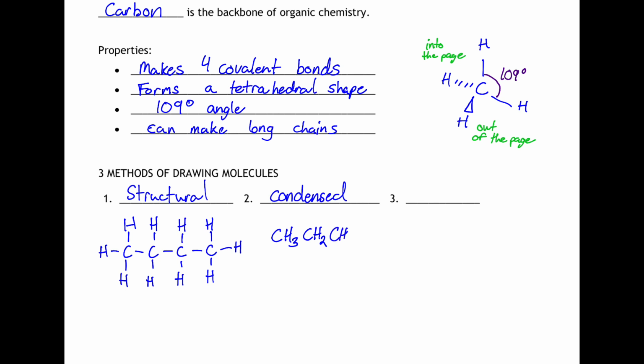A CH2 again. And then what else is left? CH3 again. So we can count. This is how many hydrogens now? 10. Okay, so 10 hydrogens altogether.